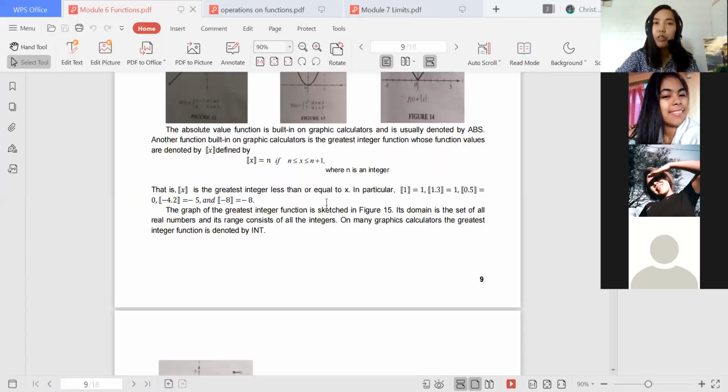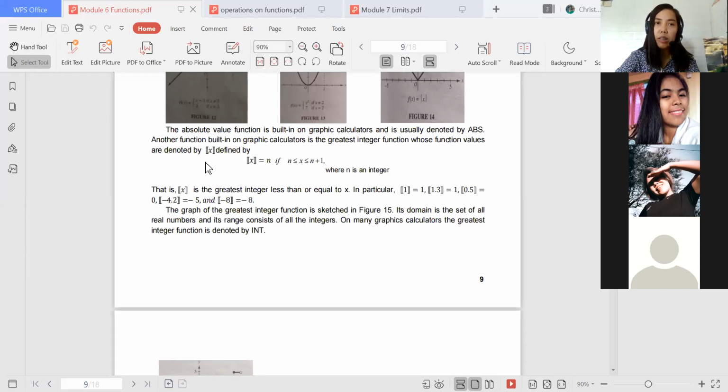We also have another special type of function, which is the greatest integer function. The greatest integer function is denoted by this, yung may dalawang bracket tas may line pa.